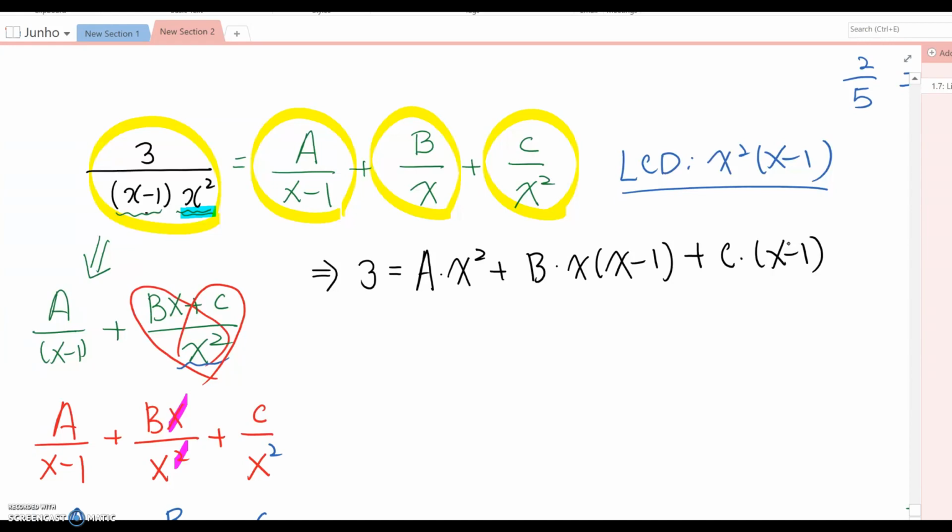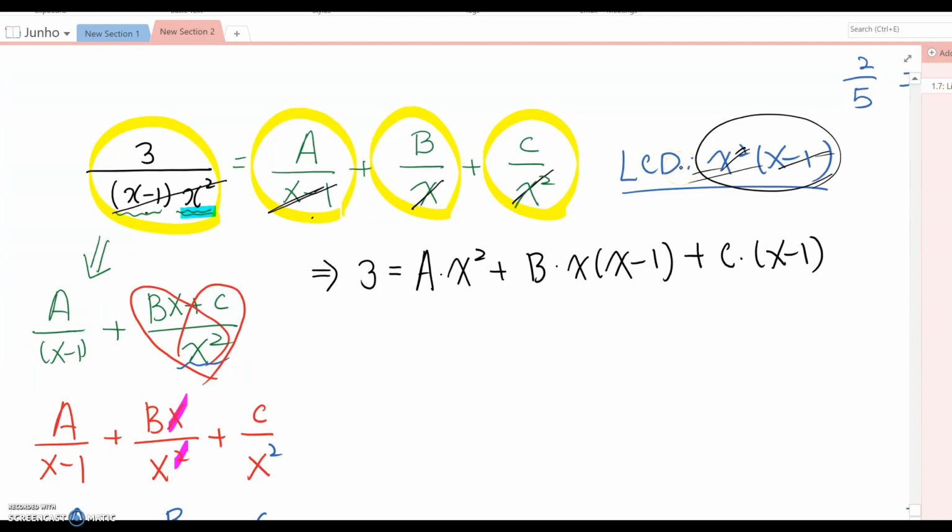The reason is when you multiply these, they all cancel out. In this case only x minus 1 cancels out, in this case one of the x cancels out, and in this one x squared cancels out.